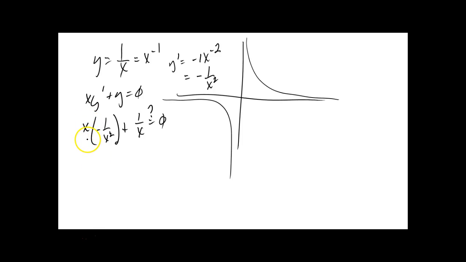And what do you get? Negative 1 over x plus 1 over x, sure enough, is equal to 0. So we have verified that solution. That is a solution to that ordinary linear differential equation.